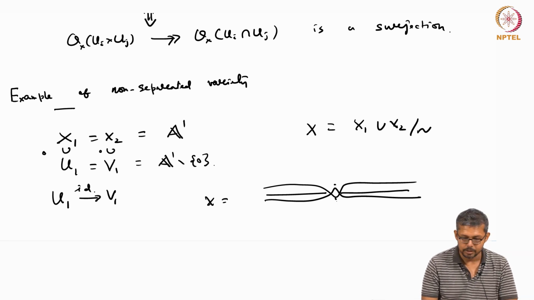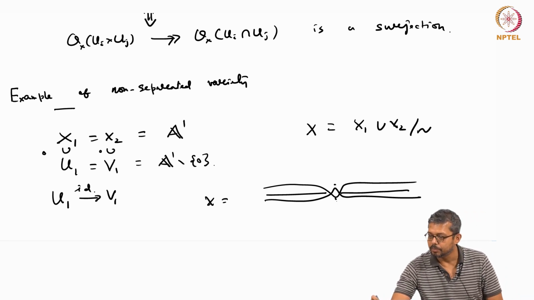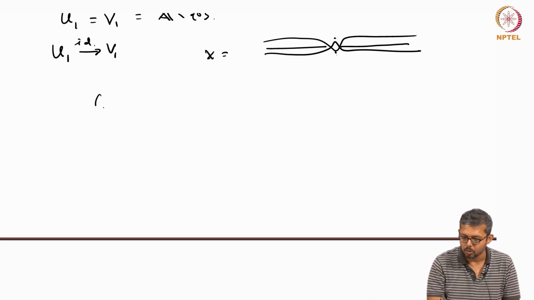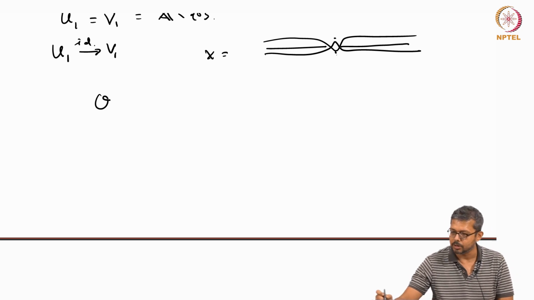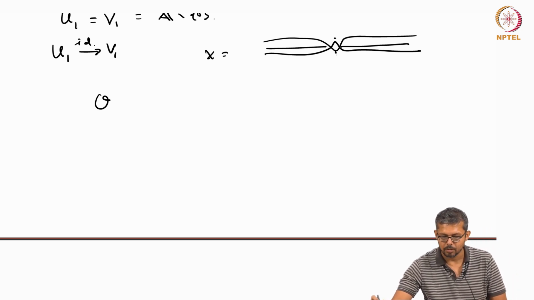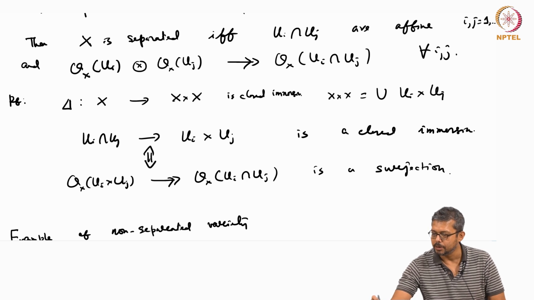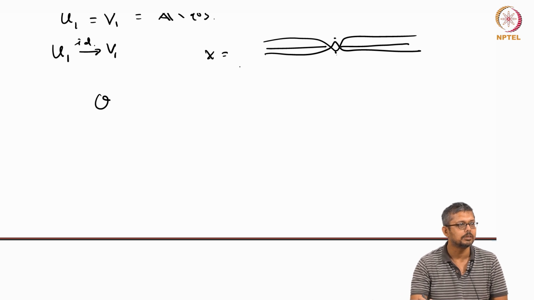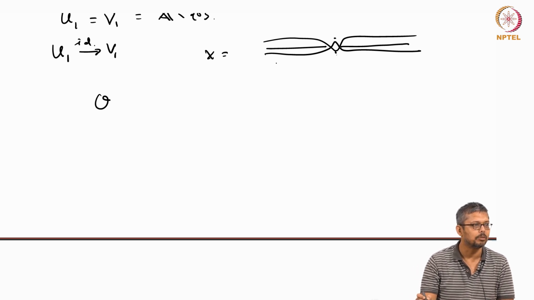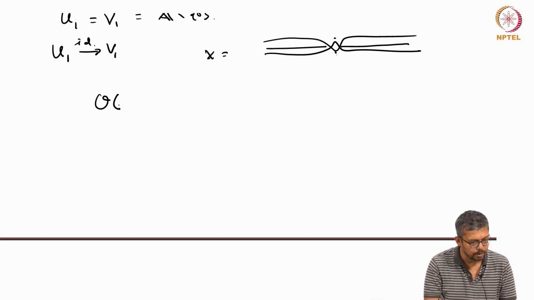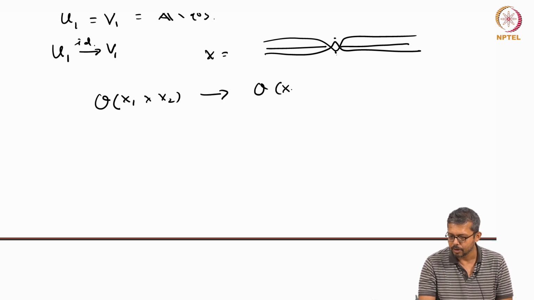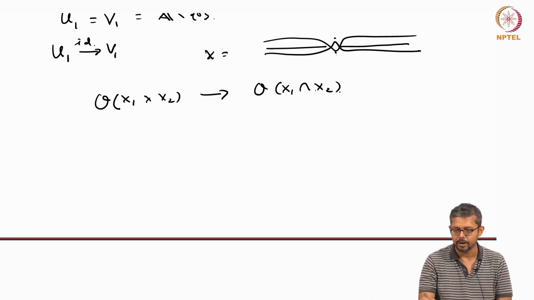One containing this point and the punctured line, another one is this. Now if you see this, so O notation I have to be careful. So one open set is this X1, this copy of A1, another open set is this copy of A1. Then O_X1 plus O_X2 to O of X1 intersection X2. They are affine.